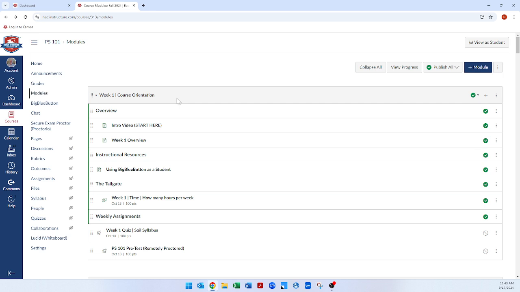Looking at this module here, you can see up here in the left-hand corner, it will always display the course number. It may not have the course name, which is Fall 2024 Basic Soil Science, but it will have the course number to let you know where you are. And over here on the left are things that you won't be able to see.